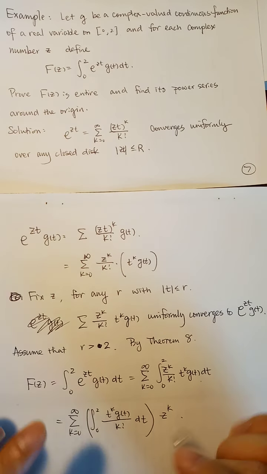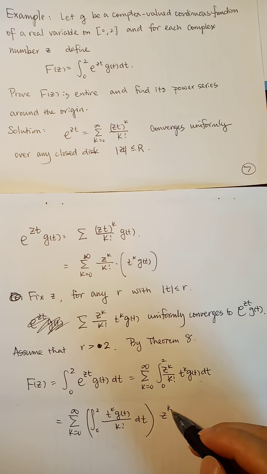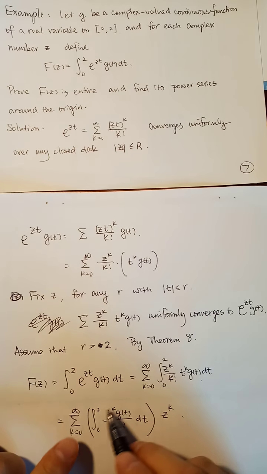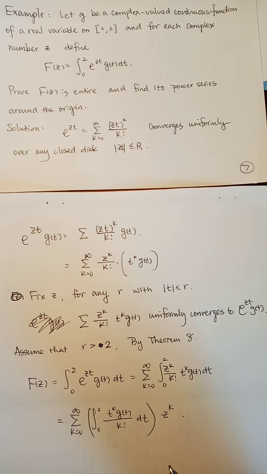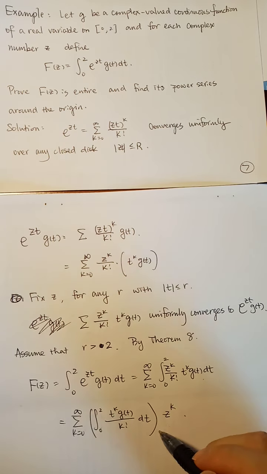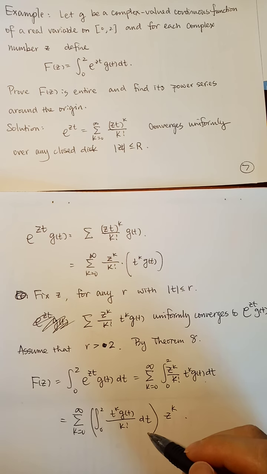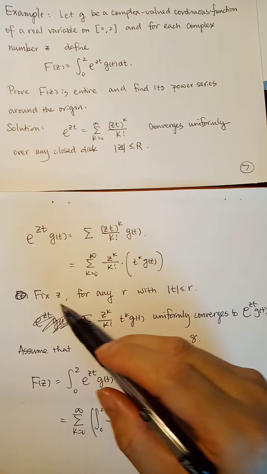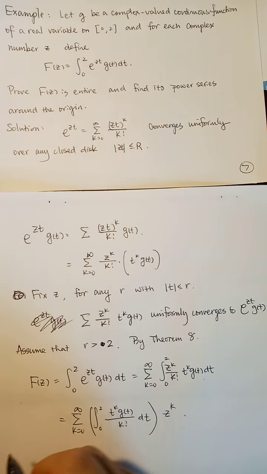You just organize them and leave z^k isolated, and the rest of them you consider as a coefficient. Okay, so this is the Maclaurin series, the Taylor series, or the power series. It converges for all z. Here you fix z, you have this.